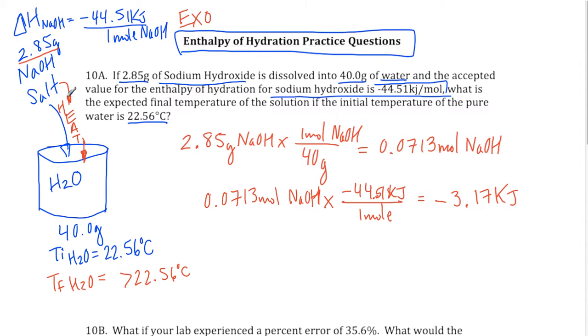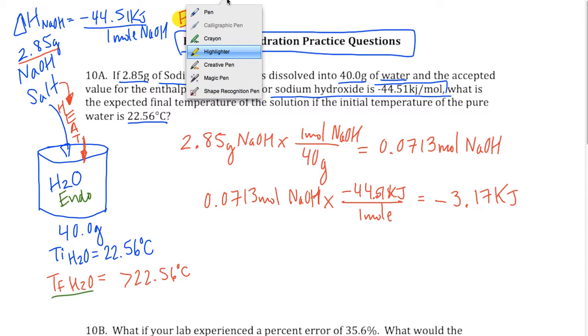Now that was heat that the salt gave off and that the water absorbed. So the water is going through an endo process, therefore the temperature is going to increase, and the sodium hydroxide is going through an exo process. Therefore, the energy is being given off by the sodium hydroxide.